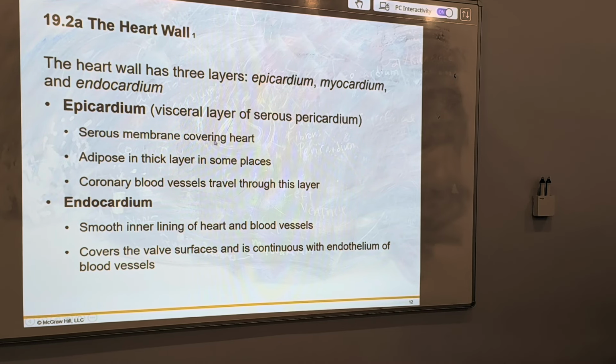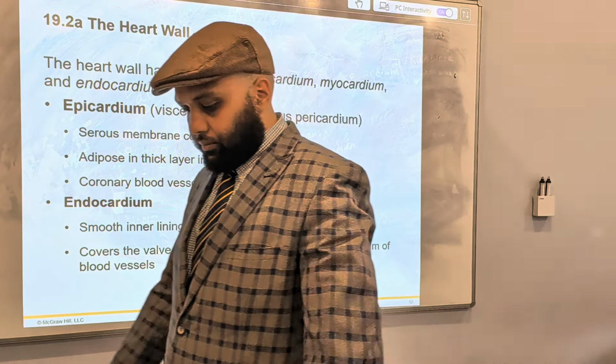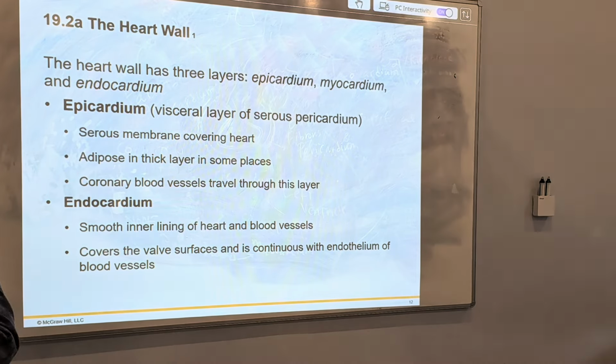So the serous membrane covering the heart, that's the epicardium, visceral layer. It has adipose tissue. Then you have the endocardium, and the endocardium is the inner layer. What's the name of the heart muscle? I believe that's one of your questions on the homework. What's the name of the heart muscle?